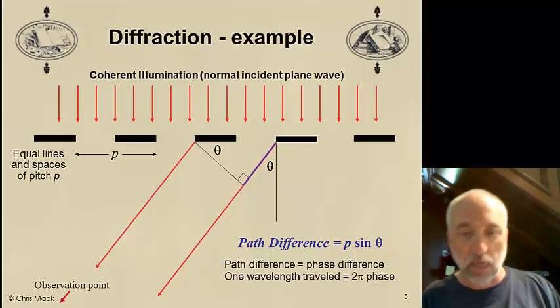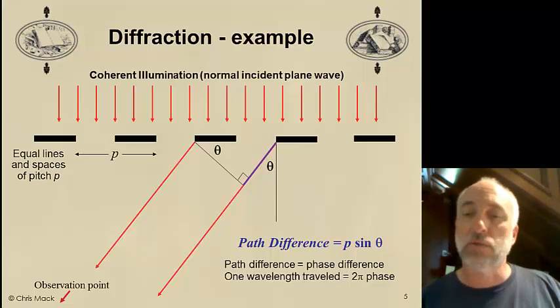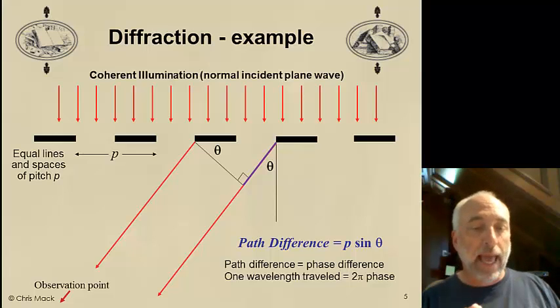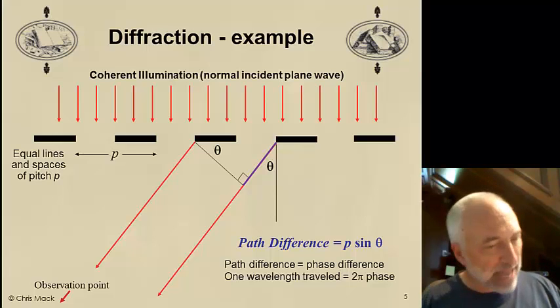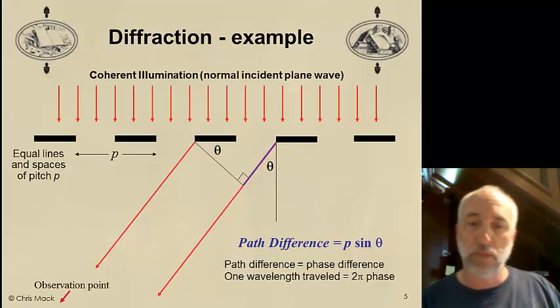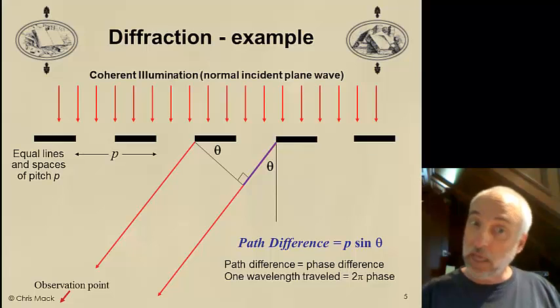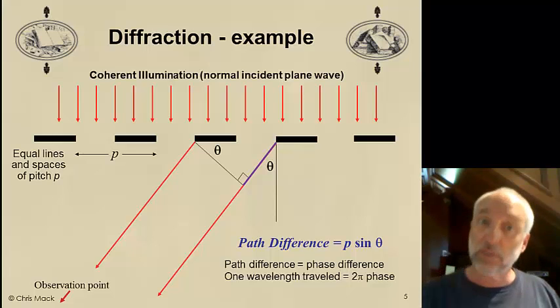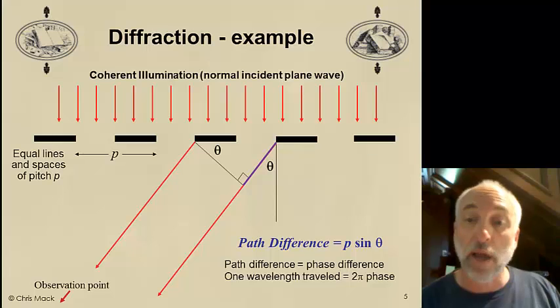Why do I say that? Well, a path difference equals a phase difference. As light travels, its phase changes as it moves through position. Every wavelength, it goes through a cycle of 360 degrees, or 2 pi.